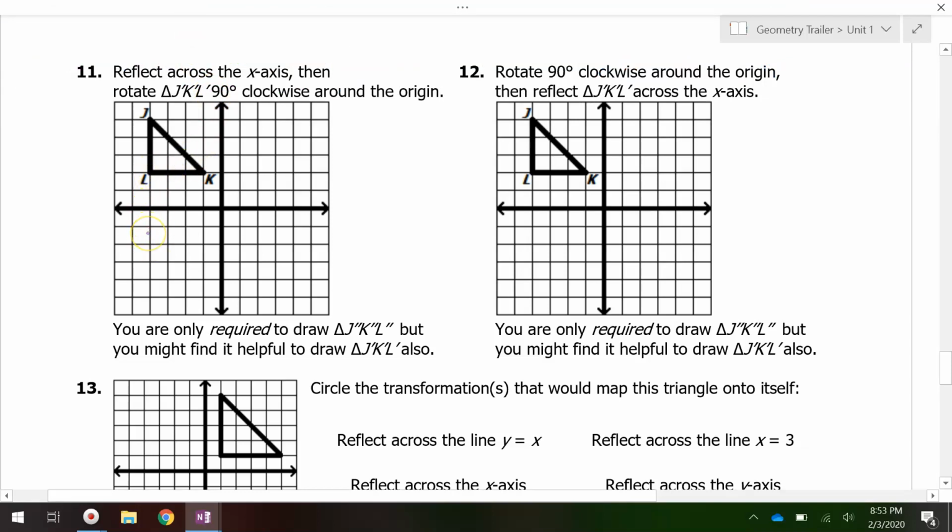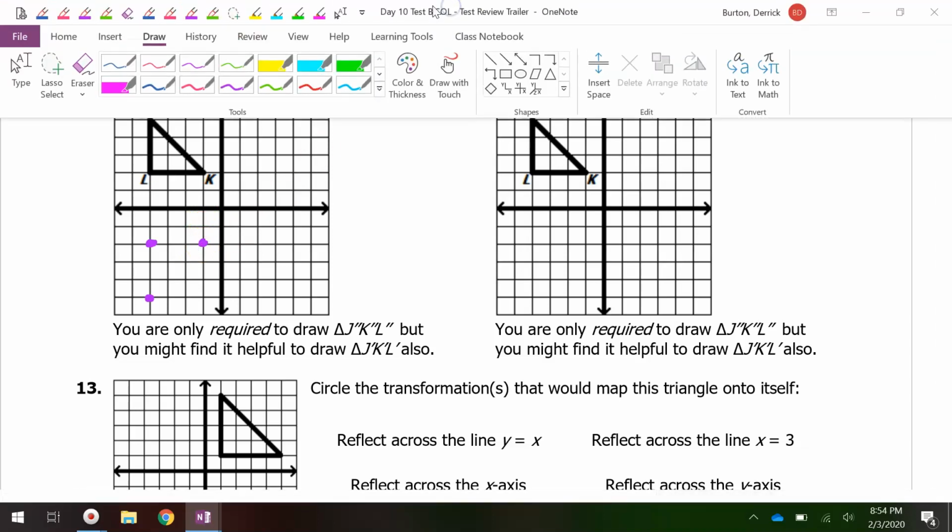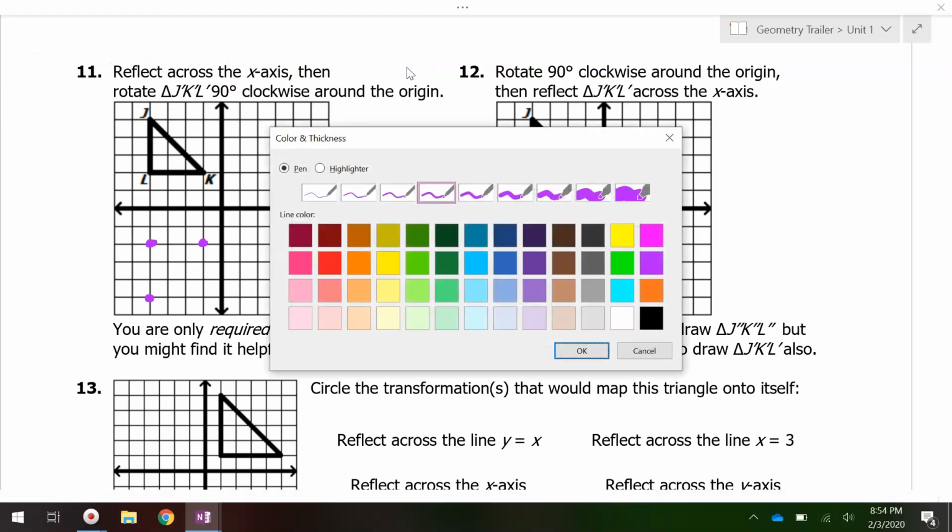So L is 2 above, so L prime will be 2 below. And then J is 5 units above, so I'm going to go 5 units below. K is 2 above, so here I am 2 below. So this is J prime, K prime, and L prime.